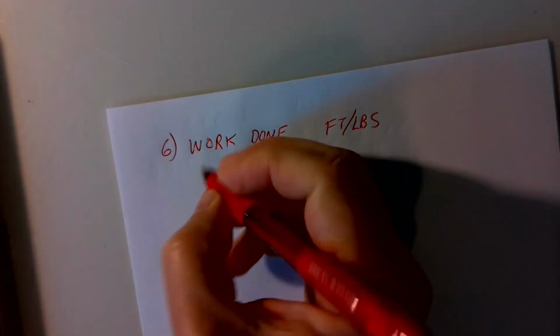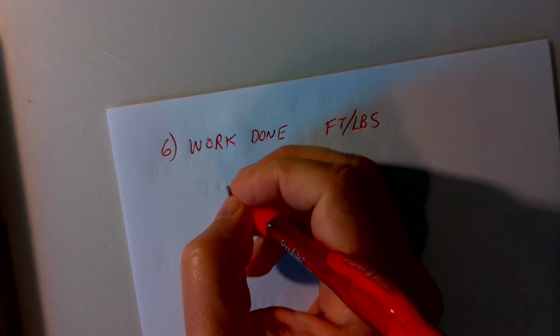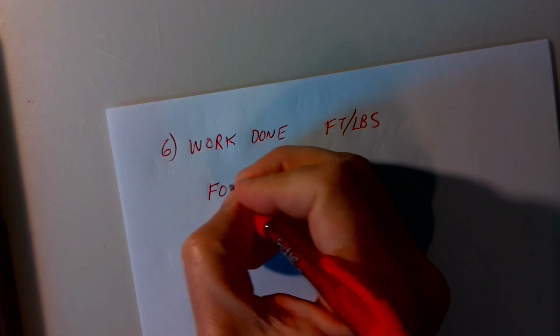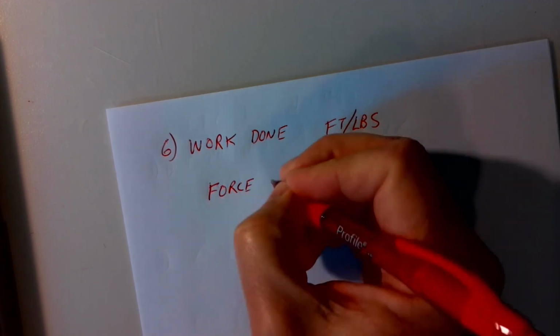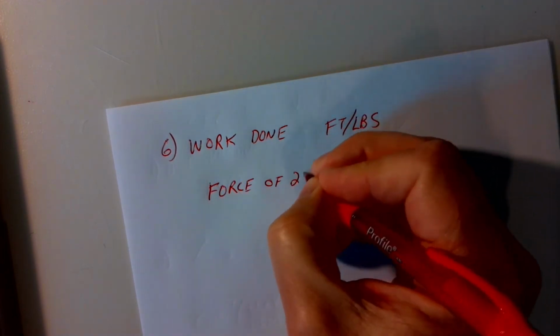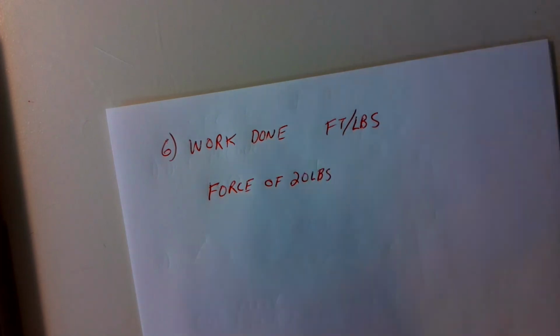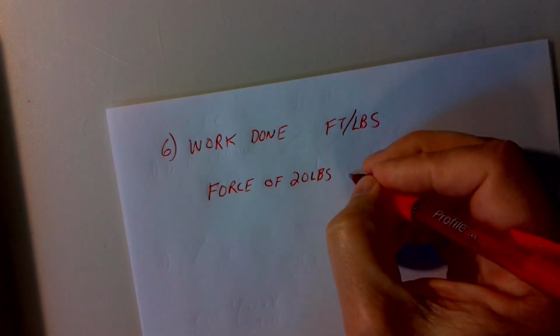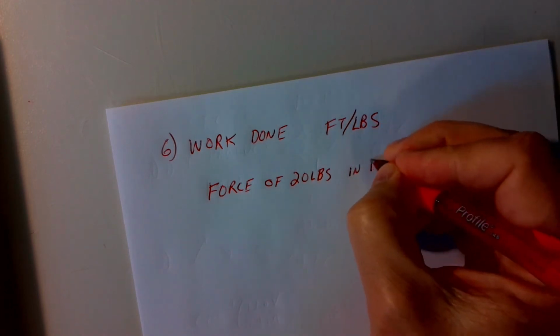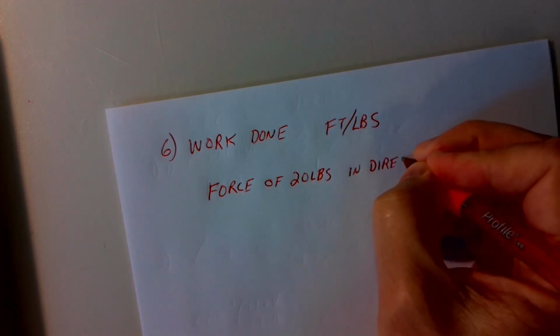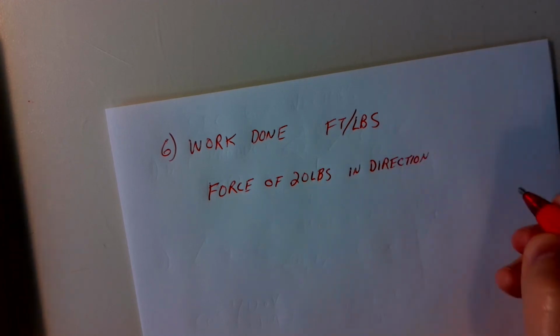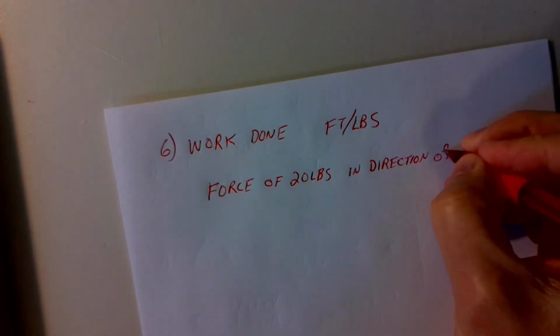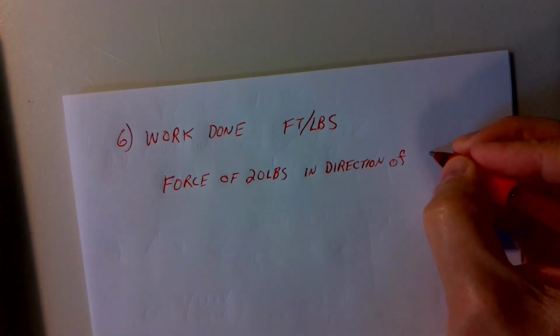Foot-pounds. So I have a force of 20 pounds. I'm pushing it with a force of 20 pounds, and I'm doing it in the direction of this vector 5, 13.